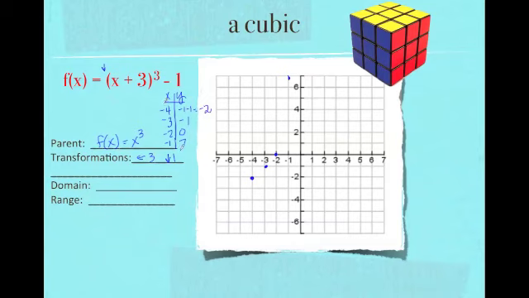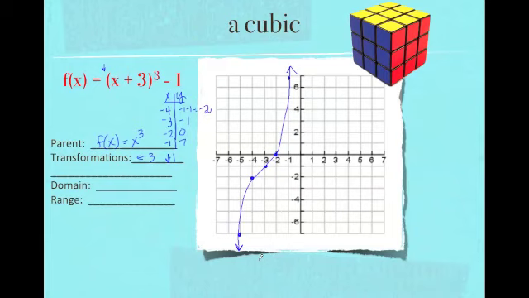I'm going to do one more. Negative 5 would be, let's see, 2 cubed is 8, minus 1 would be 7, so it would be down here. So here's a little sketch of my graph. And notice I got specific points, and now I'm just connecting them. Arrows at the end because they do continue on.